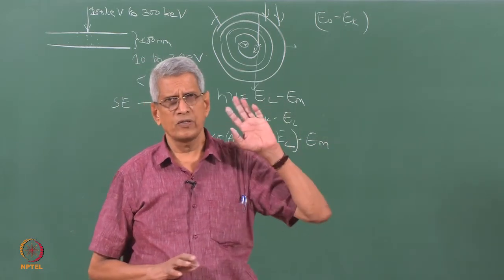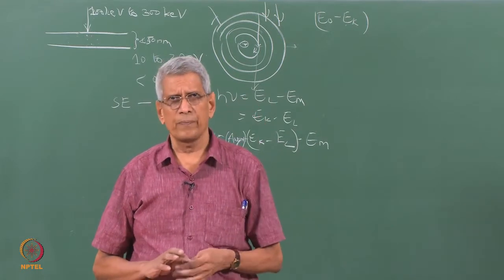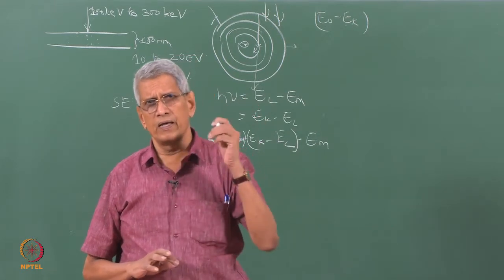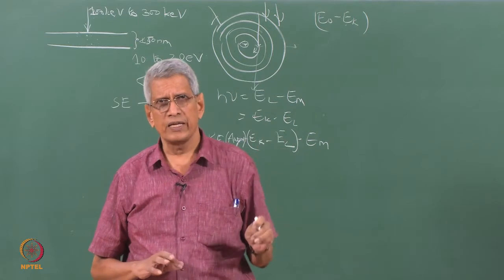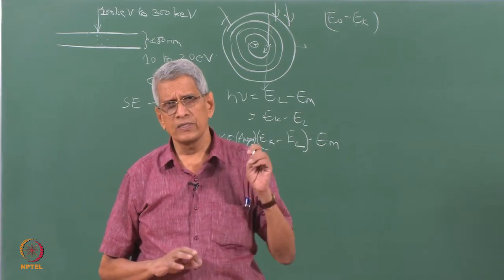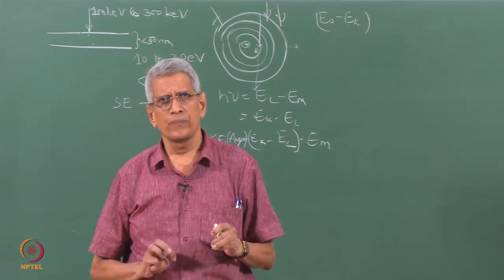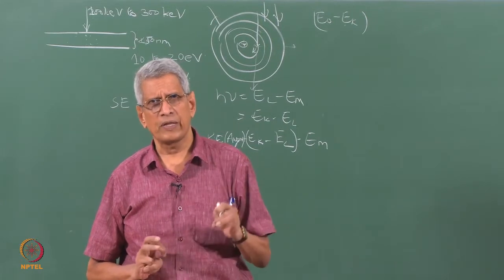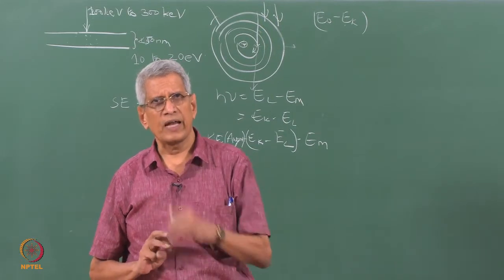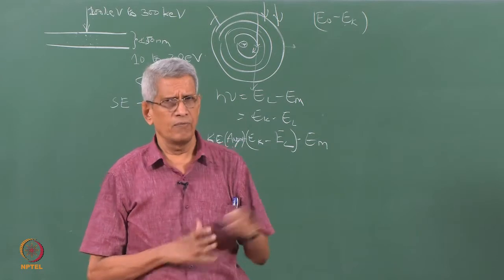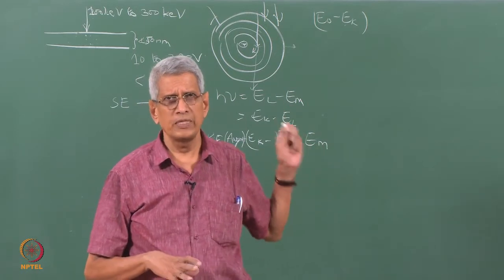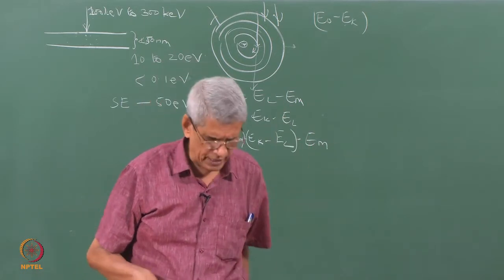Since this process has to occur, this technique is sensitive to all the elements present, irrespective of their atomic number. So even light elements can be detected using this technique.